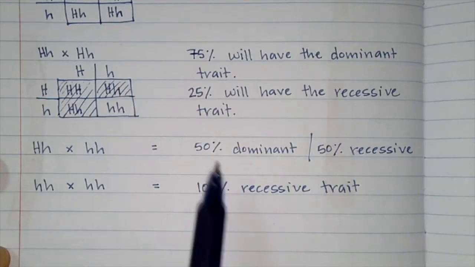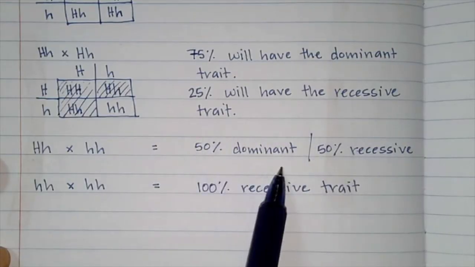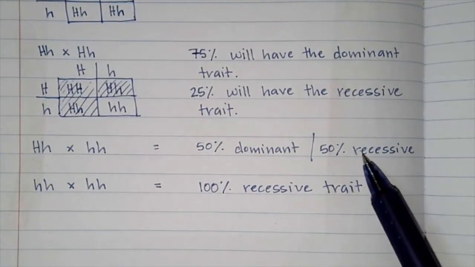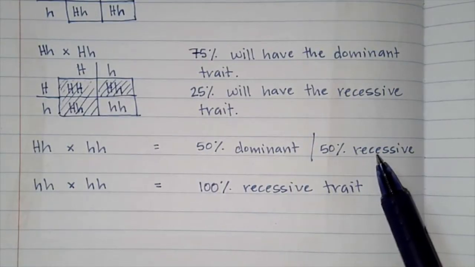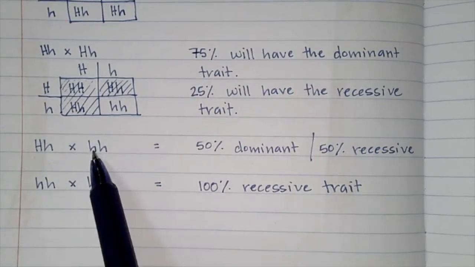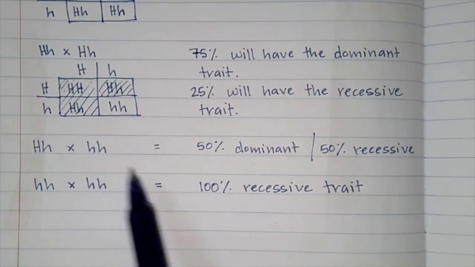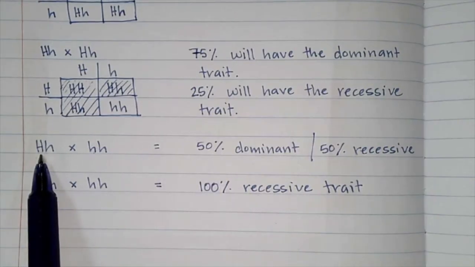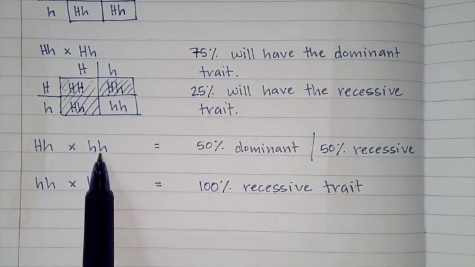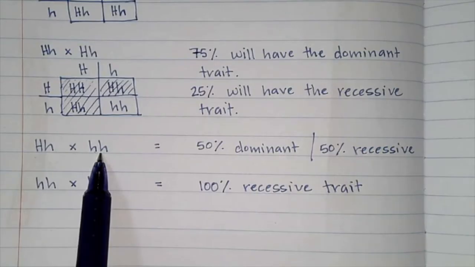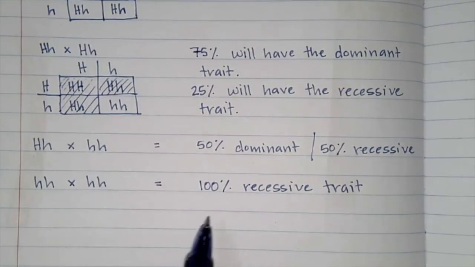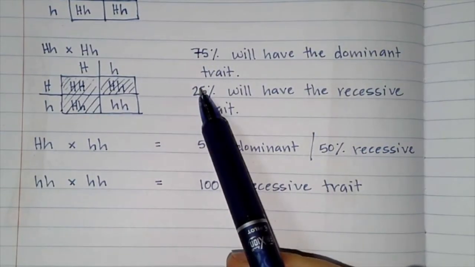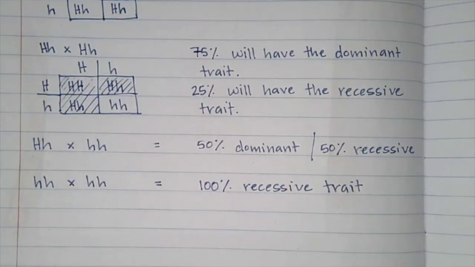But if we have the offspring and we know that 50% of the offspring have the dominant trait and 50% have the recessive trait, then we can also go back and know what the genotypes of the parents have to be, because that 50-50 split will only happen if one of the parents is a heterozygote, they have a big and a little, and one of the parents is fully recessive. So this is a tool. Anytime you see these frequencies, we automatically can tell what the genotype of the parent is going to be.